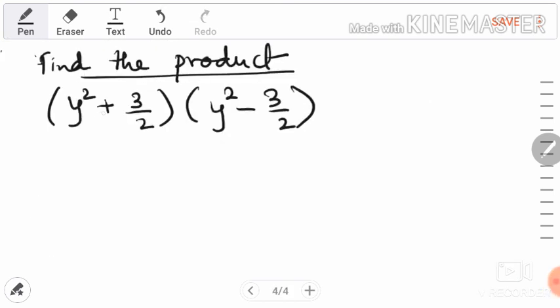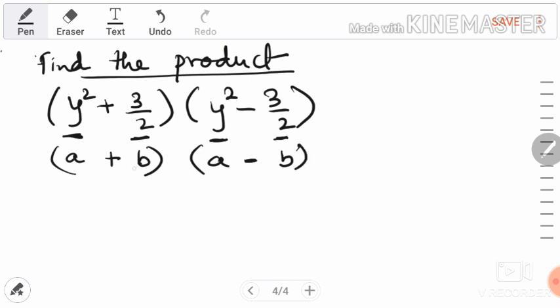Find the product (y square plus 3 upon 2) into (y square minus 3 upon 2). Notice that in this question, the first term of the two binomials is the same and the second term of the two binomials is also the same. So which identity do we use here? If I replace y square by a and 3 upon 2 by b, then I will use the identity (a plus b) into (a minus b) as a square minus b square.